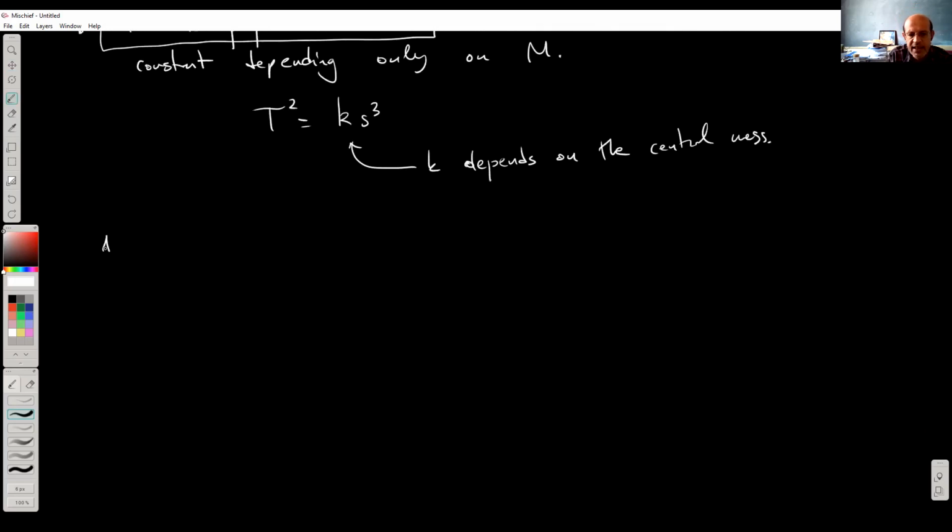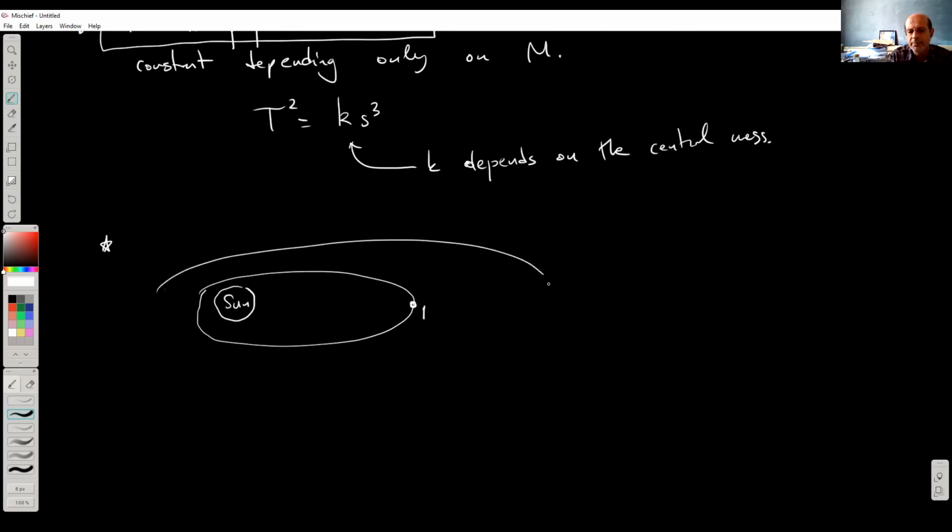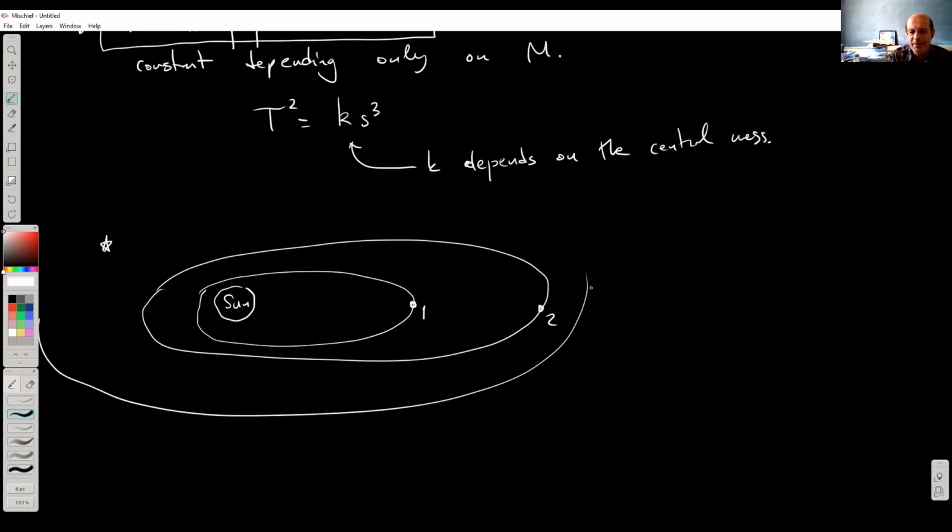So as a result, let's say that for the Sun, there are different planets perhaps in here. So that's the first planet, for example, and then, I don't know, the second planet in here. So that's the second planet, Venus. And I don't know, the third planet might be something like that. I don't know if it is really the case.